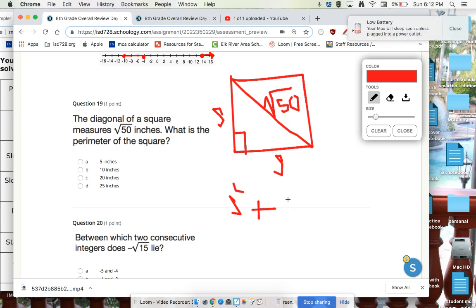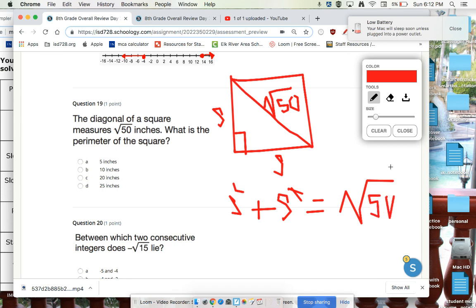So s squared plus another s squared is equal to the square root of 50, and you have to square that.